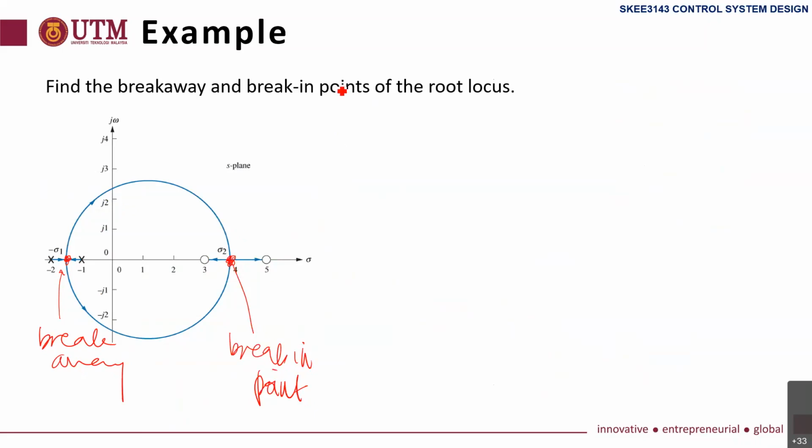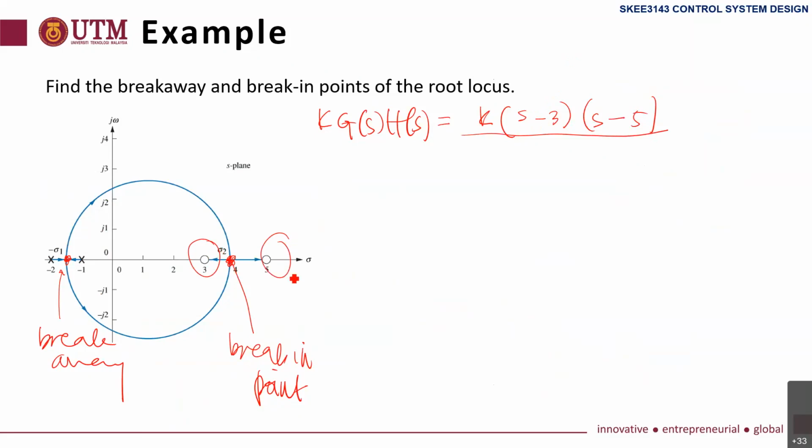Let's see, for this one, actually, K G(s)H(s) is K. You can see that we have zeros at 3 and 5. How do I get this? Because you see 3 and 5, two zeros, and two poles at minus 1, minus 2. So (S plus 1)(S plus 2).